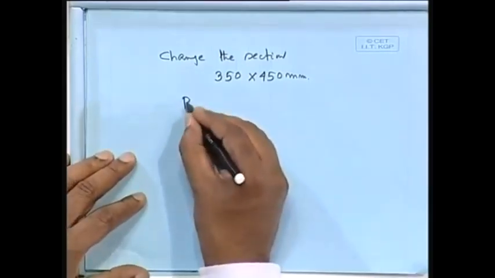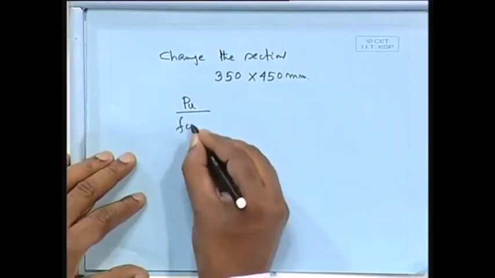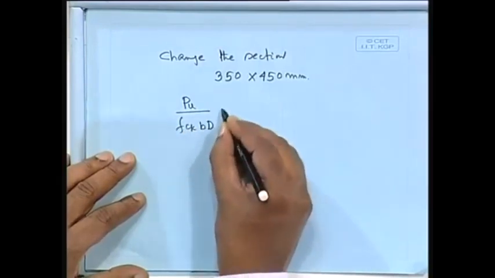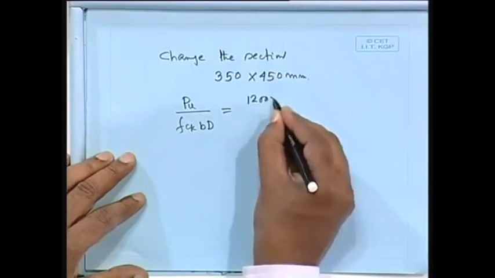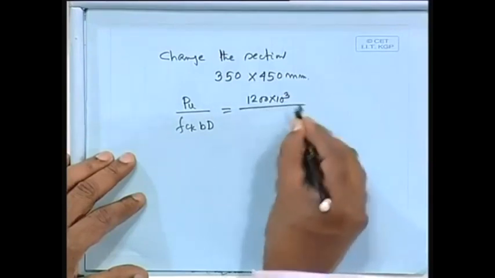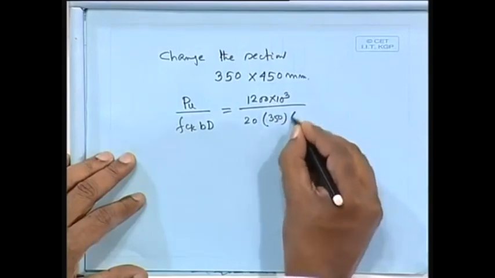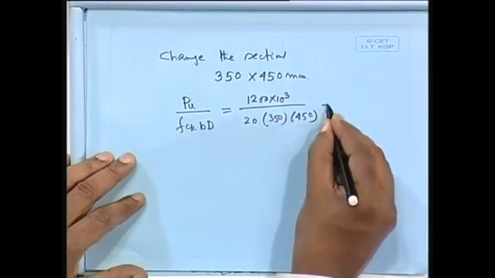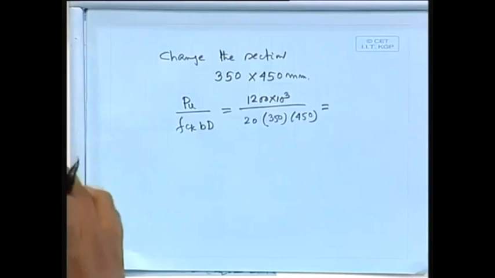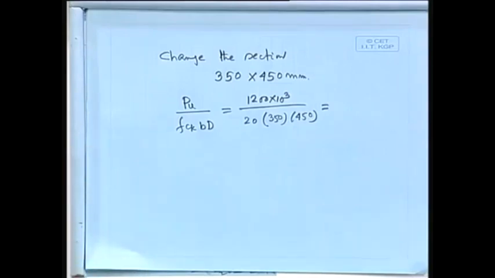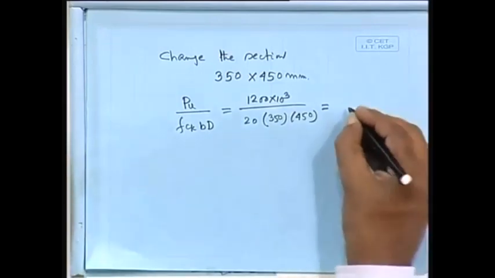So, what will be Pu by fck b d? That is 1200 into 10 to the power 3 divided by that, which comes as 0.38.